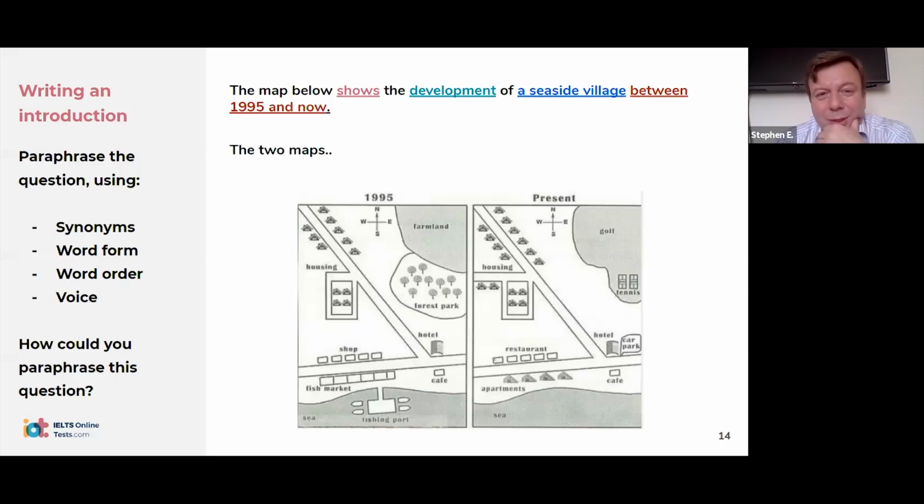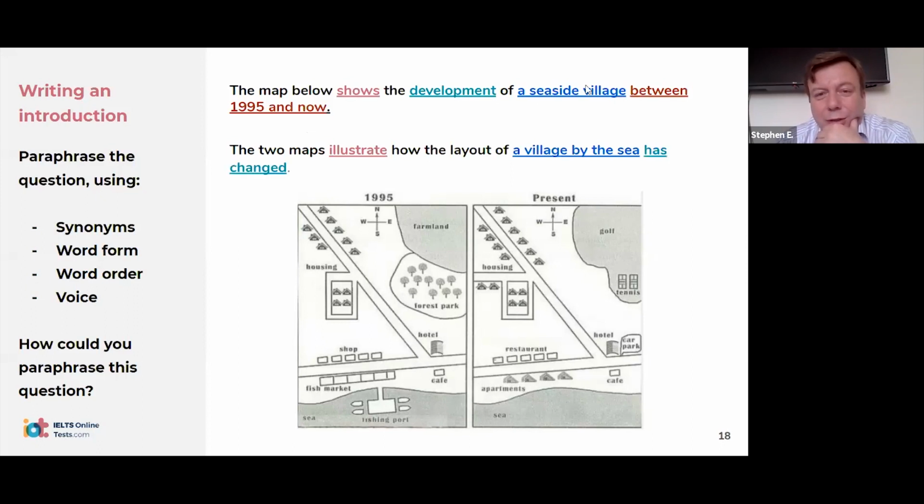So the two maps. So some of you said illustrate, Hamada, yeah, good. How the layout of. It's a village by the sea, so some of you changed that, so very good.